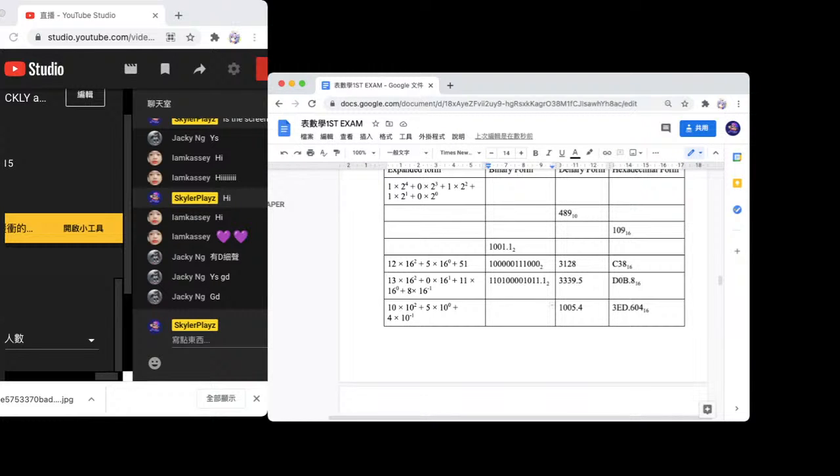Hexadecimal form to binary form. Oh no, math error. 3ED for hexadecimal, and then convert to binary. Okay. Then we can subtract 512, change to mode 1, do the subtraction, minus 512, minus 256.